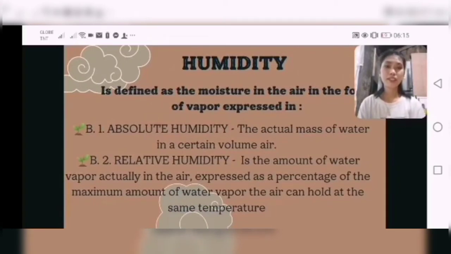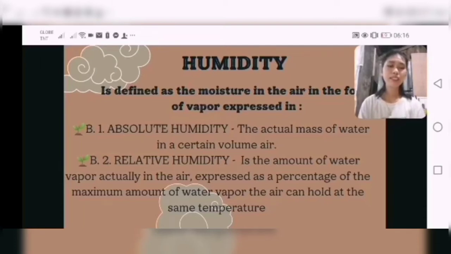Humidity is defined as the moisture in the air in the form of vapor, expressed in two ways. First, absolute humidity, the actual mass of water in a certain volume of air.